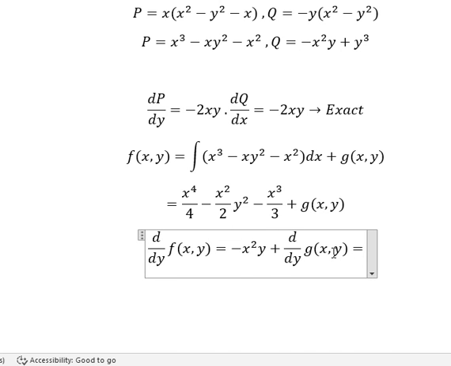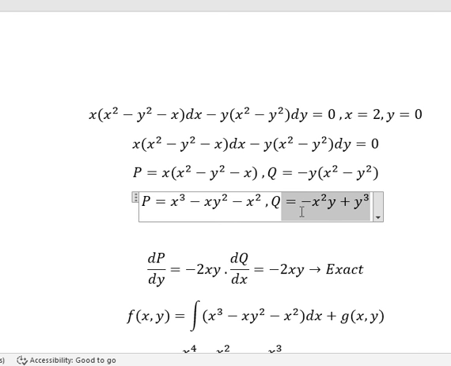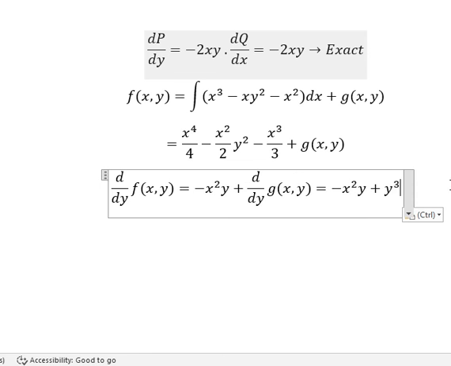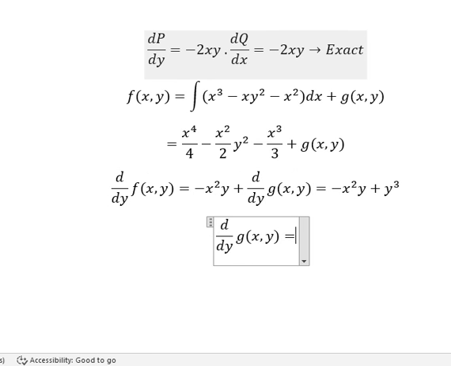And we know that this one equals to this one. So we simplify negative s square y for the both sides. And now we just have y to the power of 3.